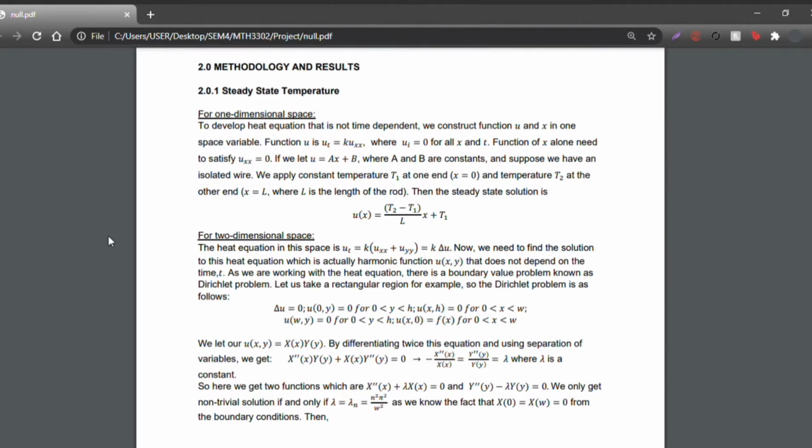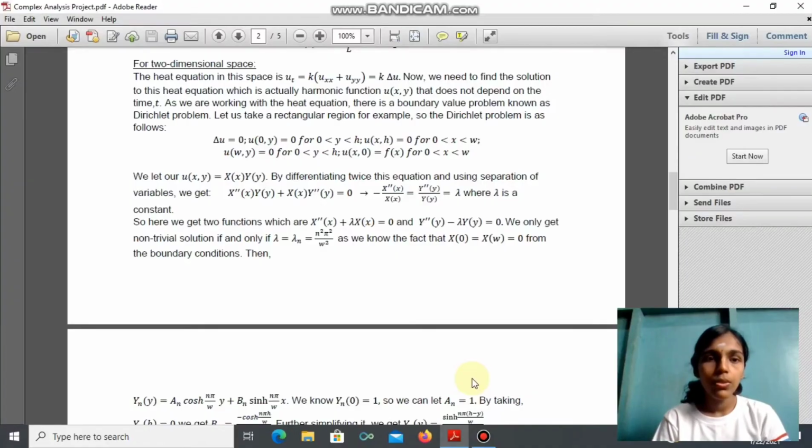Then we obtain the steady state solution u(x) equal to (T2 minus T1) over L times x plus T1.